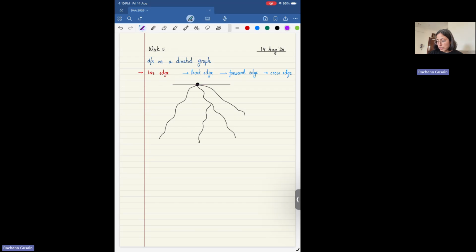Let's take this first path, the one to the left. The intervals corresponding to the nodes on this path follow a containment, something like this. So intervals get smaller, and they are all contained in the original interval.